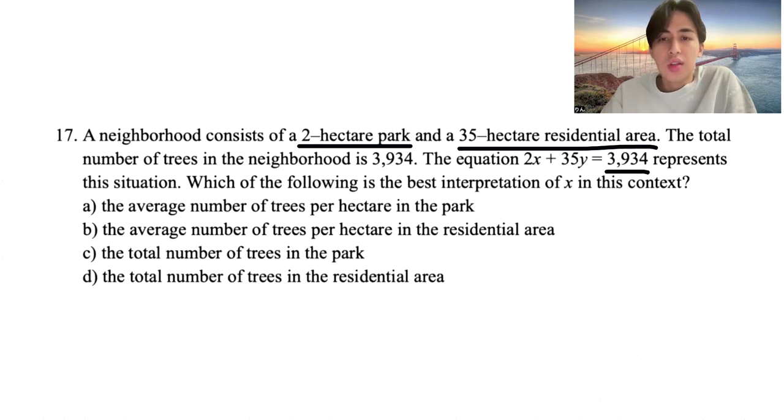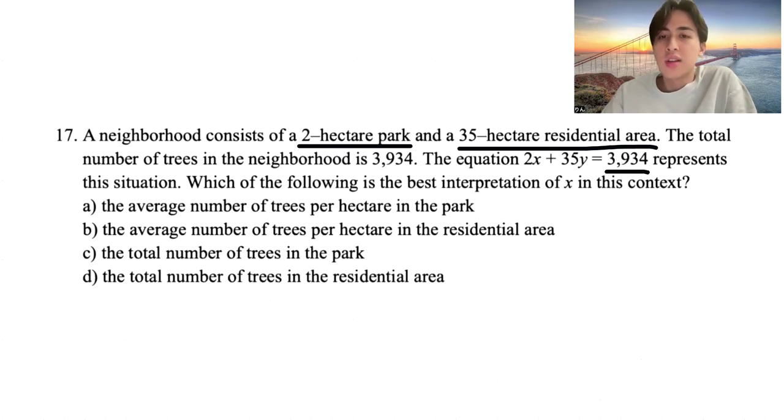So the 2 represents the hectares of the park, and the 35 represents the hectares of the residential area. So that means that the corresponding variables must represent the average number of trees in that area. So x is being multiplied by 2. So that means that it is related to the park.